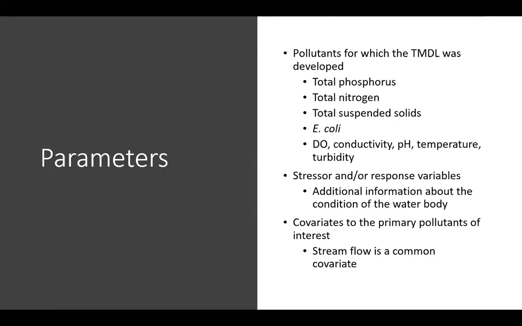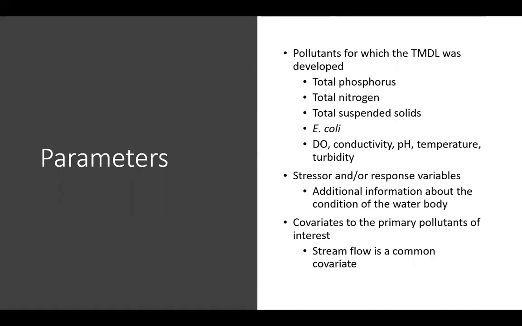You also want to look at stressor and response variables. So you may also look, for instance, at issues like invertebrates. What types of invertebrates are present? And that gives you an indication of river quality or water body quality. And then covariates, which are often things like precipitation and stream flow.